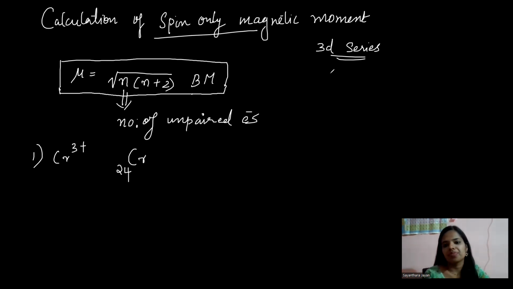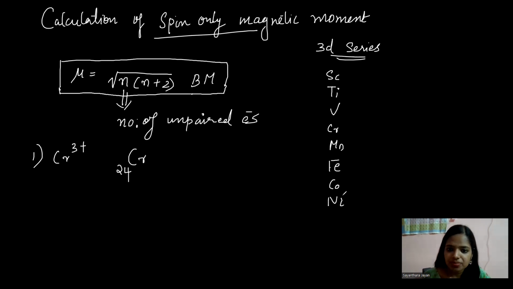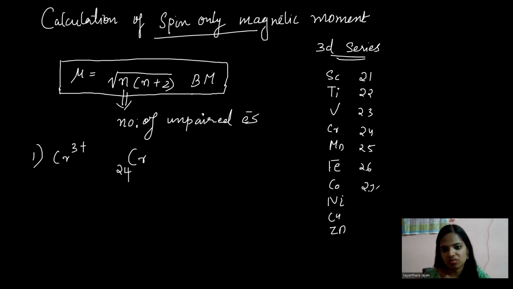The trick which I remember is like this, starting from 21, scandium is 21, then 22, 23, 24, up to zinc which is 30.